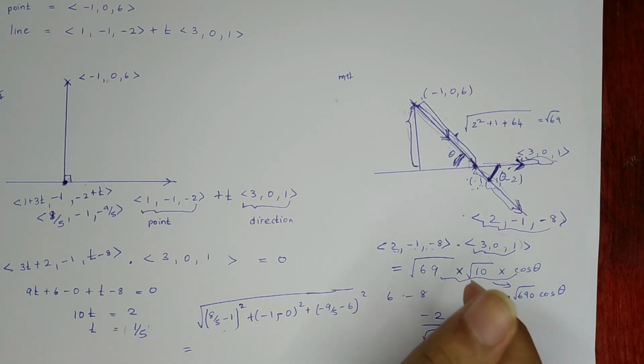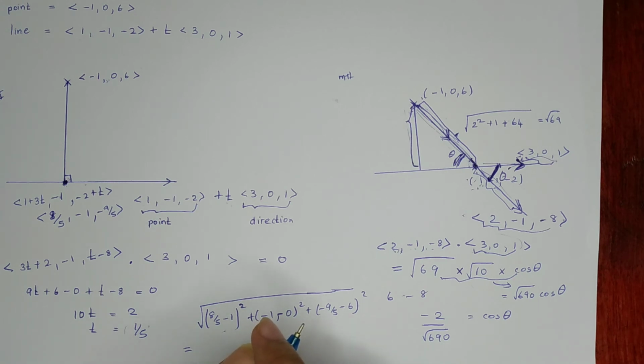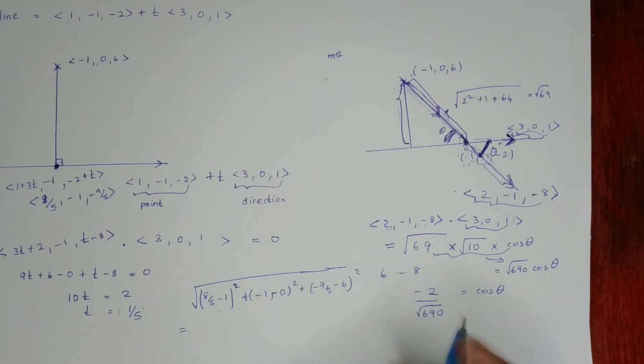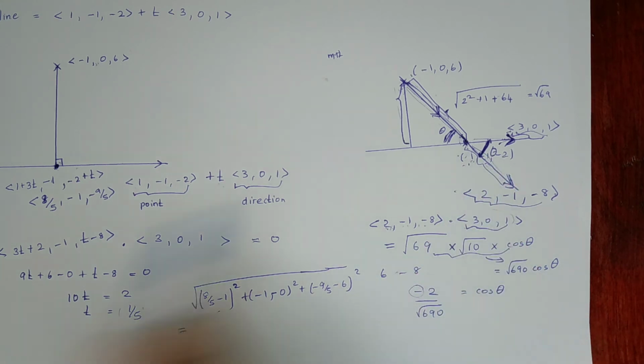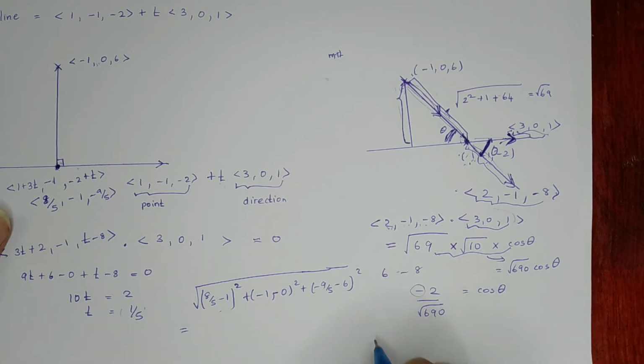Don't bother about this. So this is one thing. We have found the value for cos theta. It's going to be minus 2 over root of 690. So the thing over here is I'm getting the answer in the negative, which simply means the theta we decided is an angle in the second quadrant. However, it's not a big deal. You can directly find the sine theta by using this one.